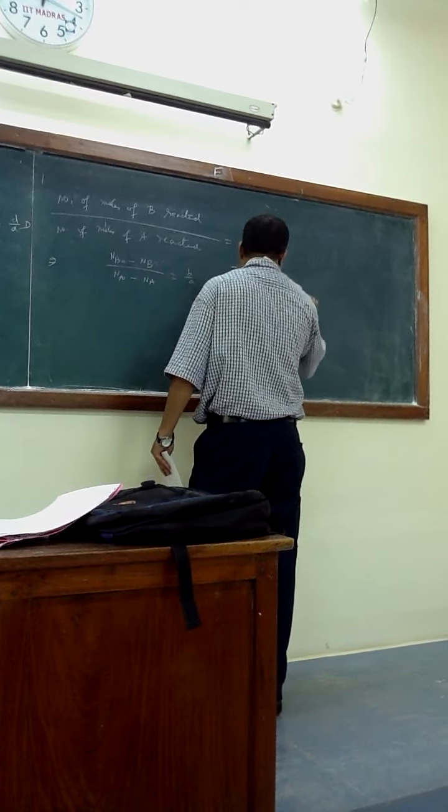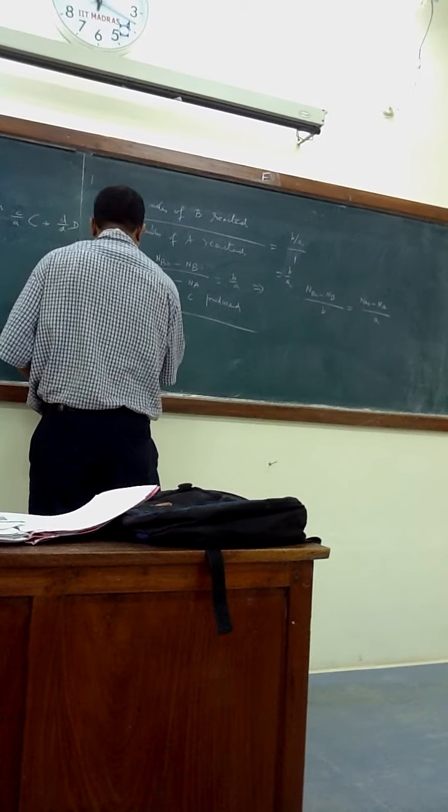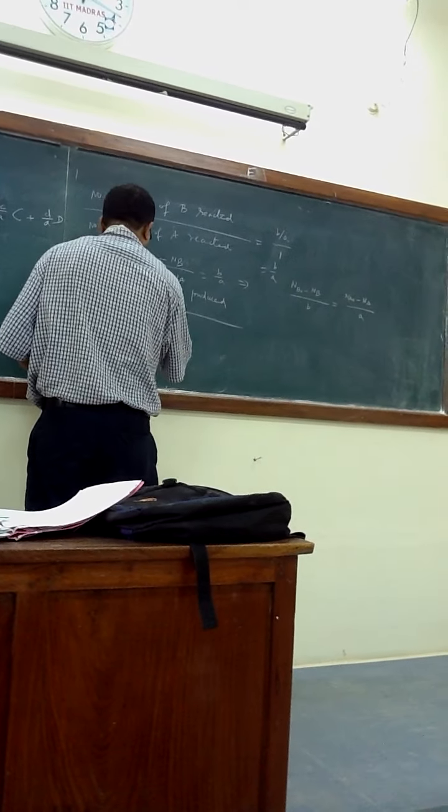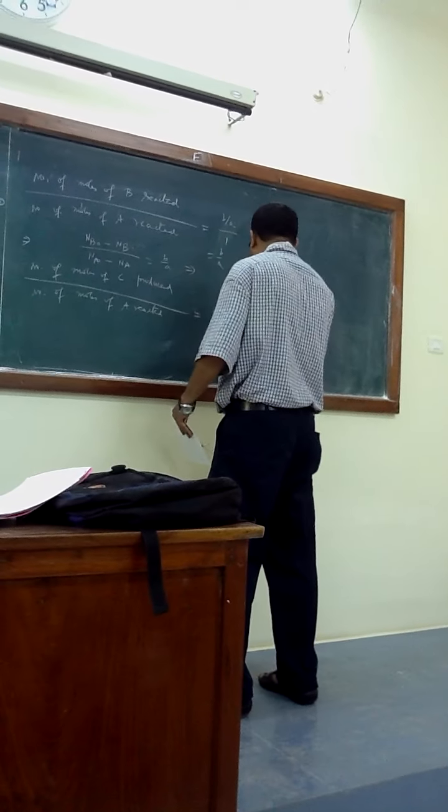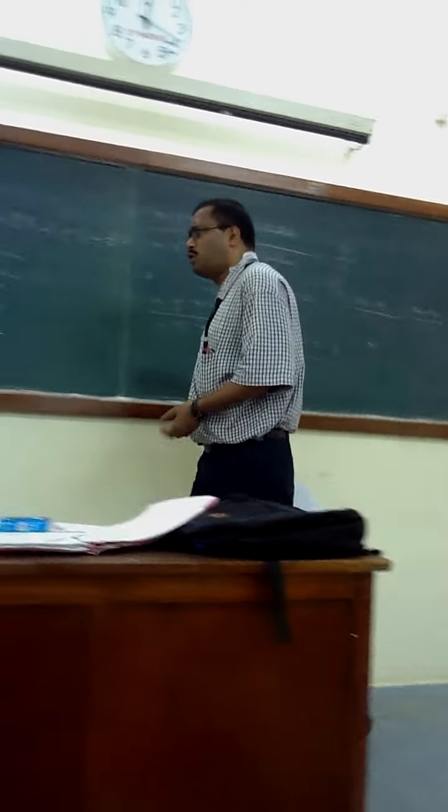Right? Similarly, the number of moles of C produced divided by the number of moles of A reacted, which is c by a by 1, and what to write in terms of number of moles?